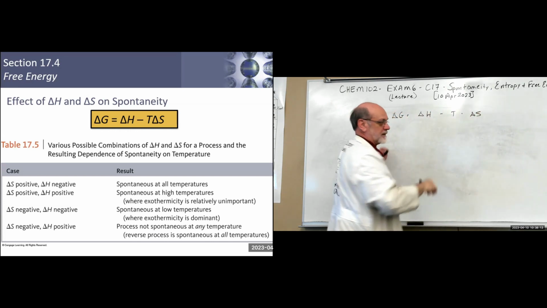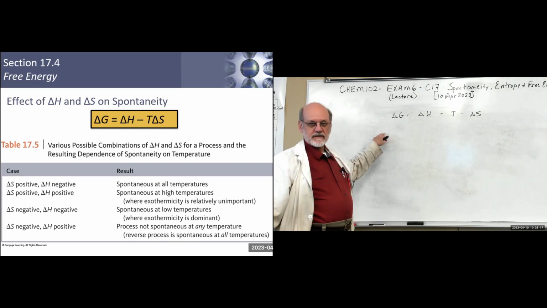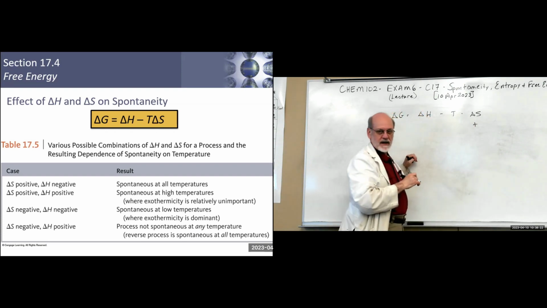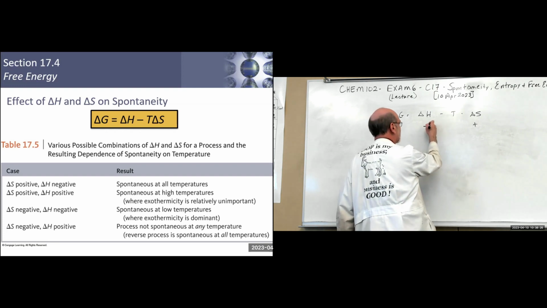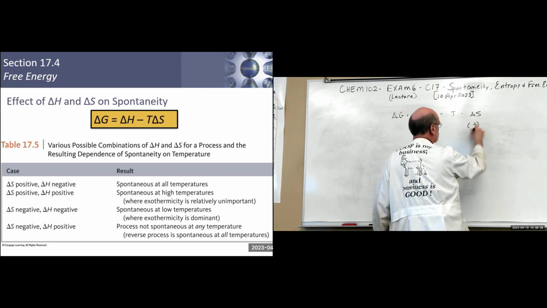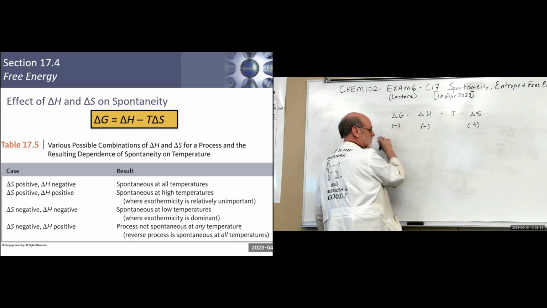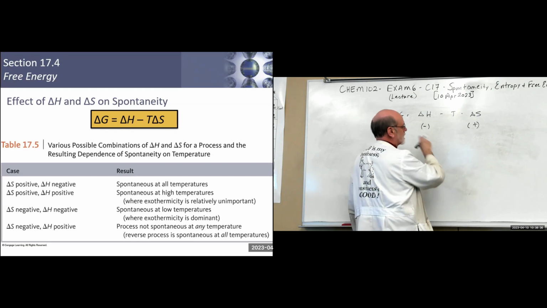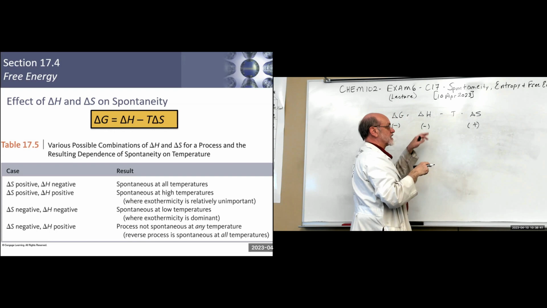Okay. So under the first condition, we have delta S is positive and delta H is negative. So under what conditions would delta G be negative, spontaneous? Well, the variable here is temperature.